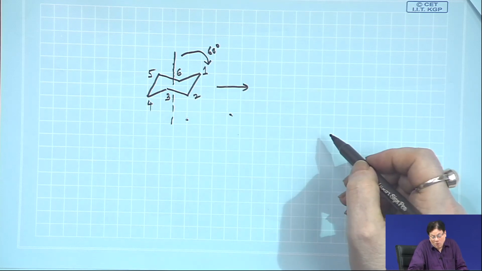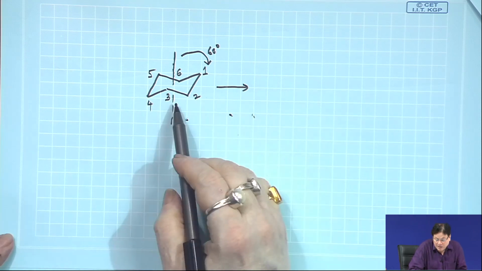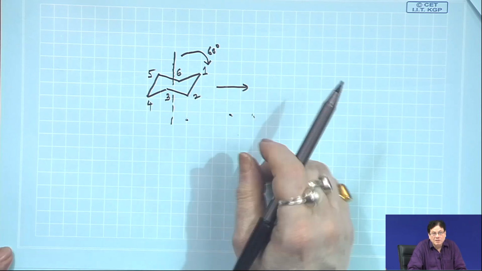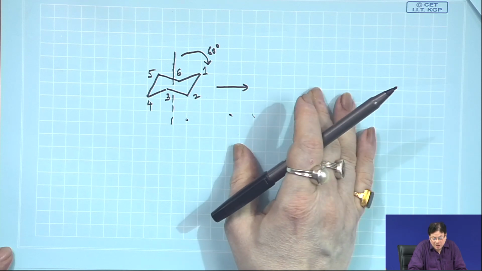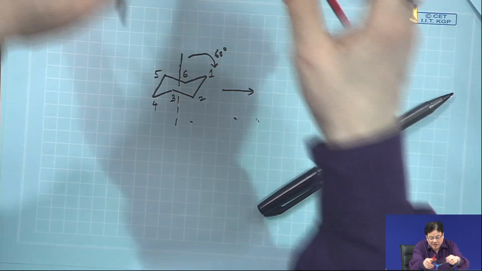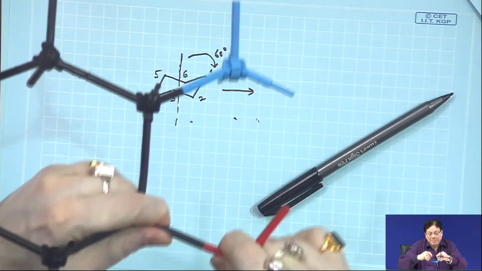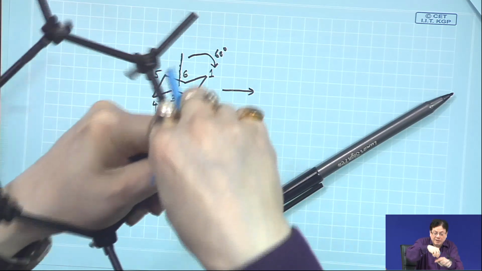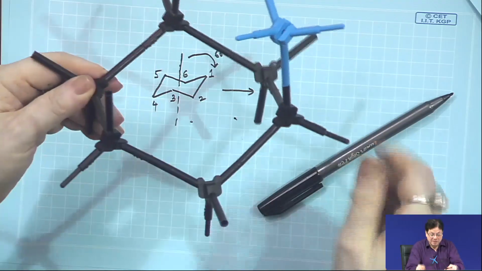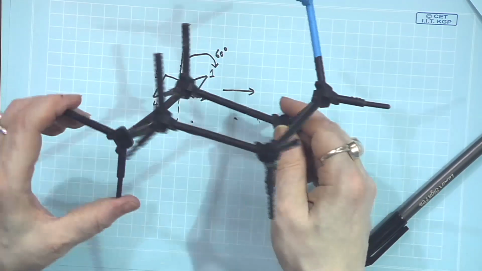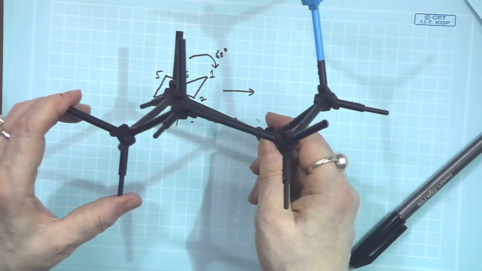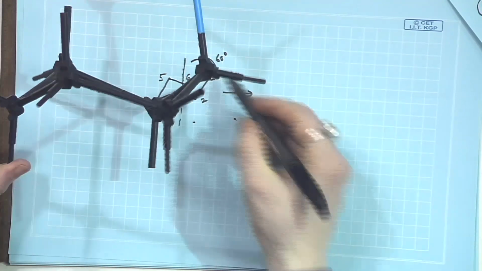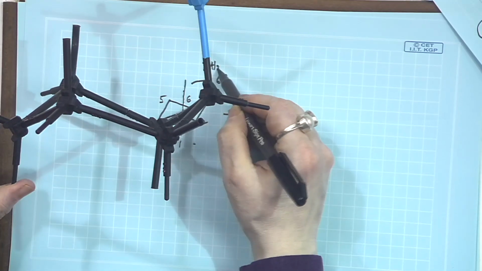I gave you a mnemonic device because many people get confused by this rotation. Let us keep 1 here, because then that will become your number 1. If you start with a chair form like this, at C1 you have a methyl.